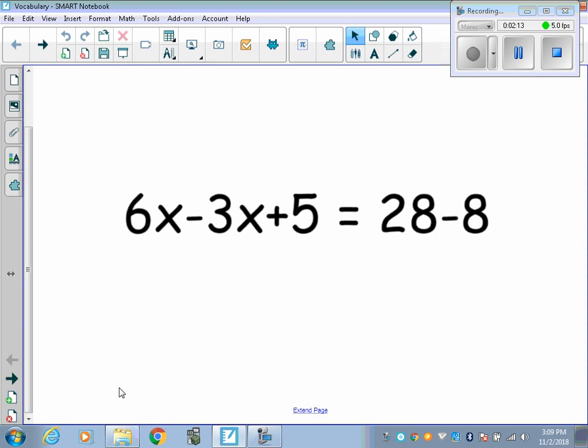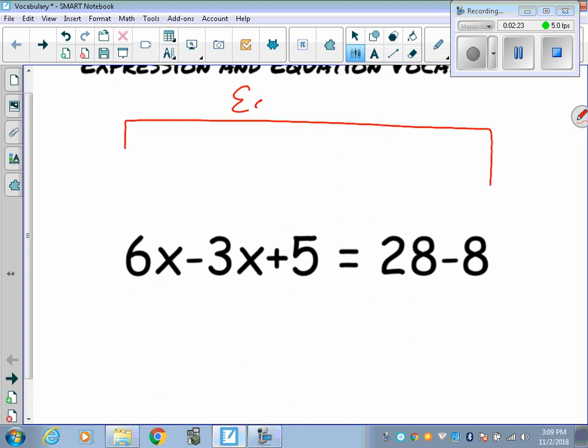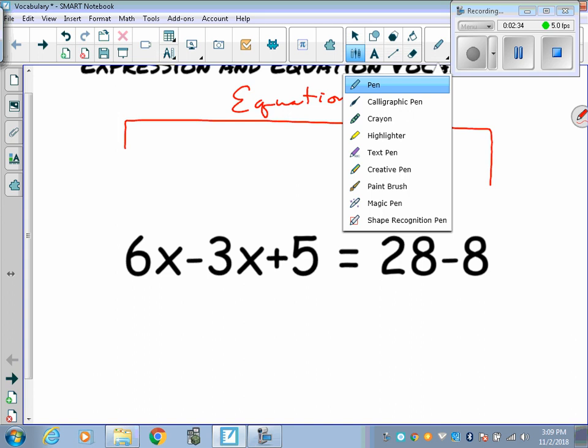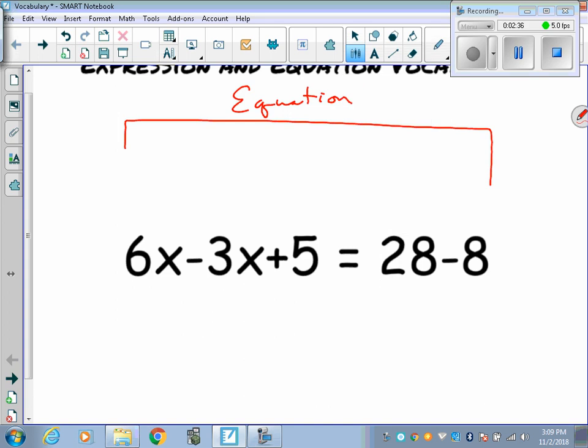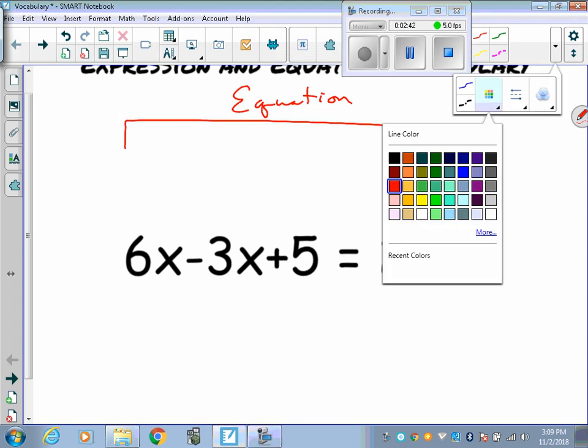Let's talk about what the equation is. So again, the equation is two expressions set equal to each other. So that right there is the whole equation, because of the fact that it has the equal sign. The expression, and I do believe that's a light blue, so give me just a little bit to change this pen color. Lighter blue.